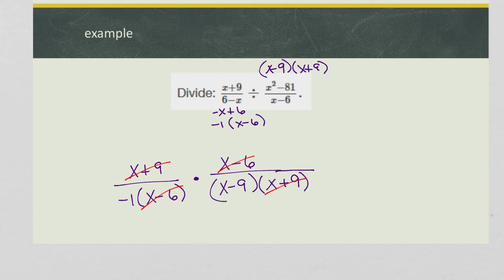And what am I left with? I am left with, in the numerator, a 1, because you can't just leave it blank. And in the denominator, I have a negative 1 times x minus 9. A much more simplified way to write this would be just a negative sign out front, like that.